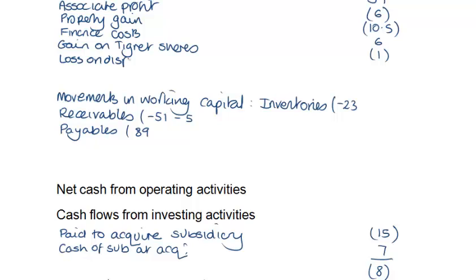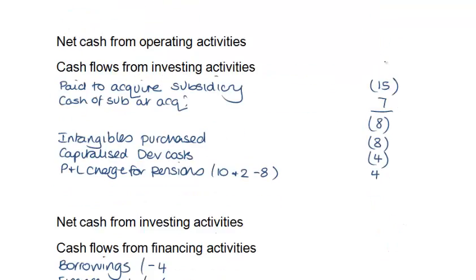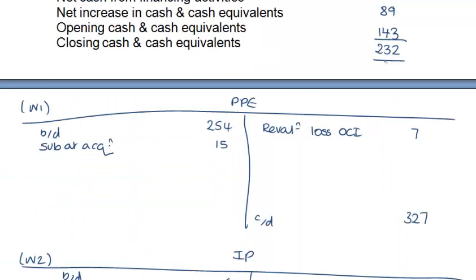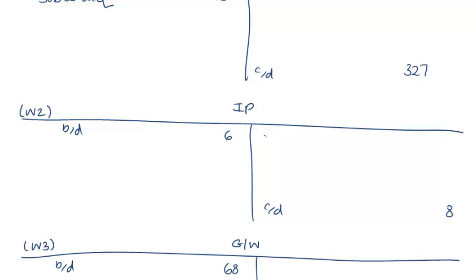Loss on disposal of investment property asset. If it's a loss in the income statement, I'm going to show it as a gain here. So it's going to be debit profit or loss, credit our investment property, income statement, disposal loss, 0.5.